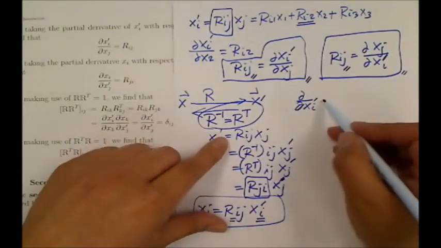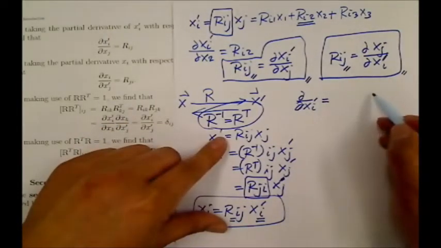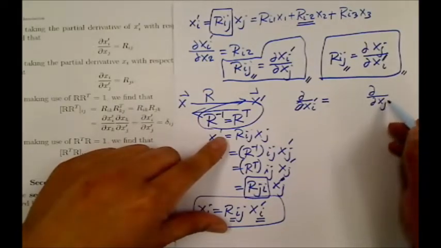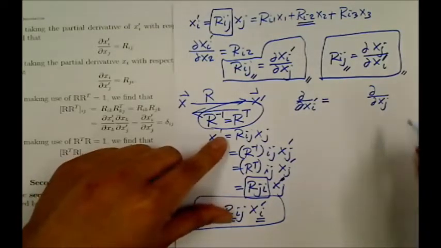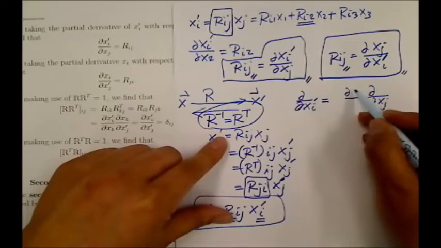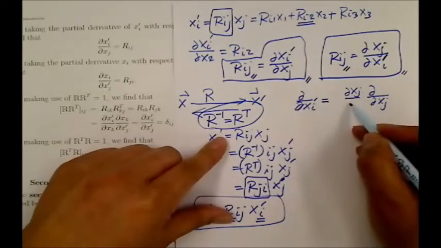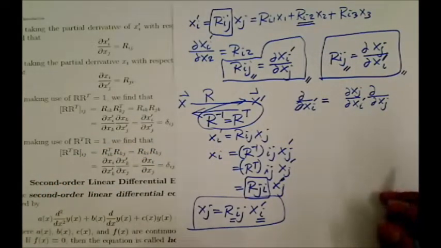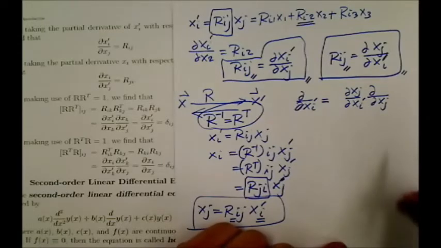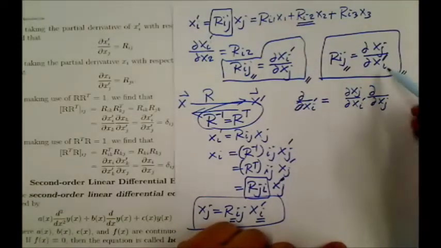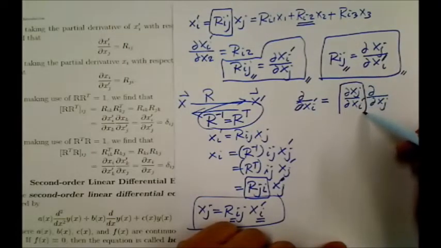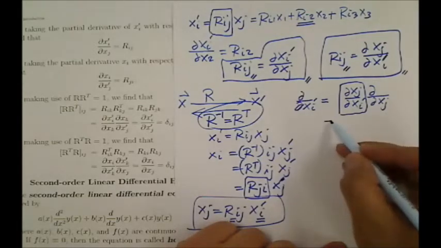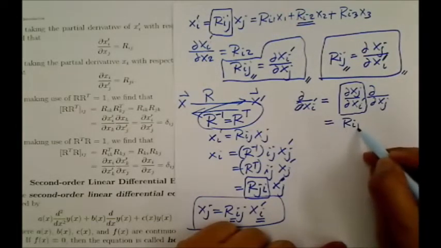This partial derivative can be rewritten in the form of unprimed derivatives summed over all coordinates, and xi prime appears here. This is the result of the chain rule. What I have in here, this vector is identical to this vector. Therefore, I can replace this one with the rotation matrix Rij.